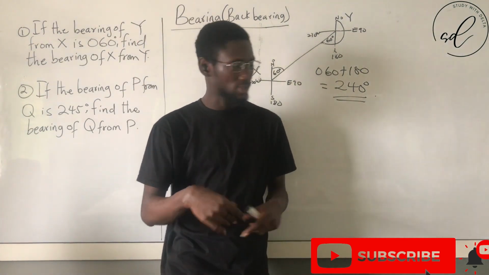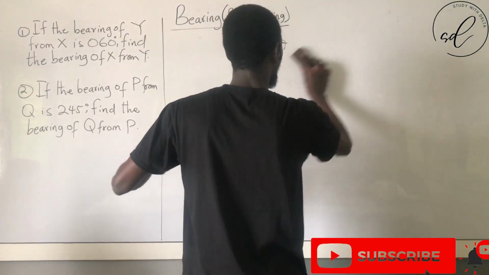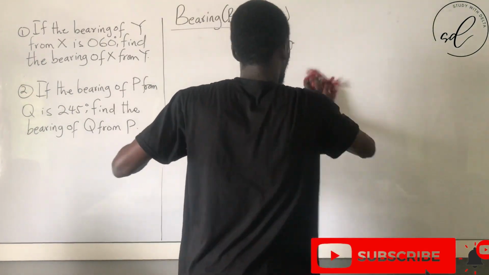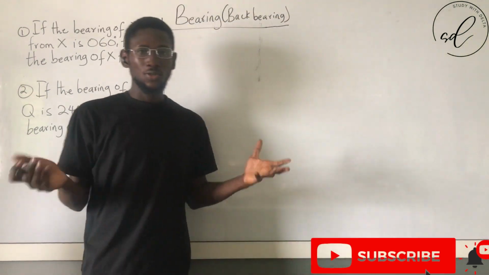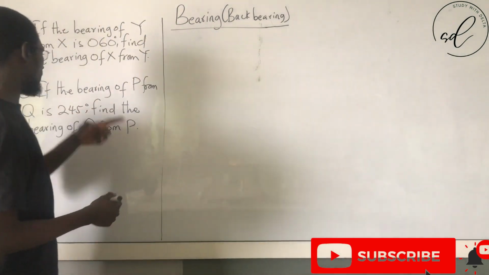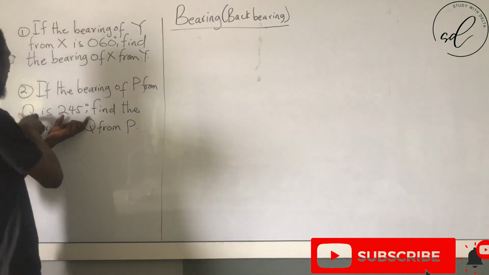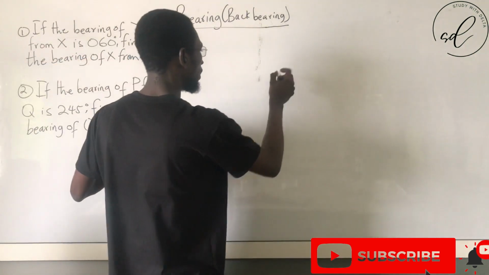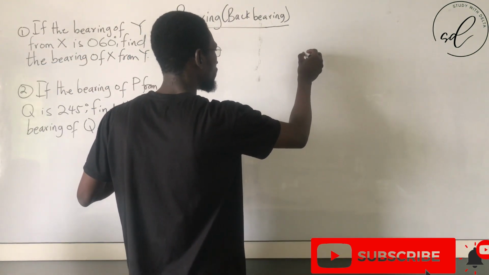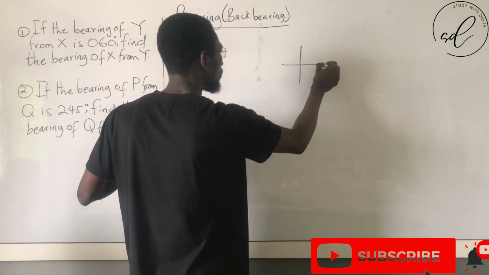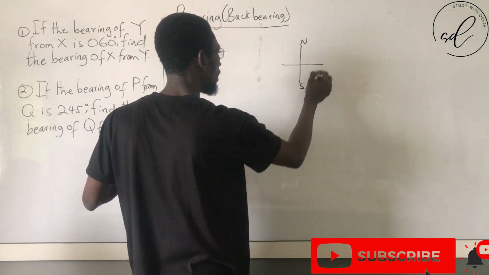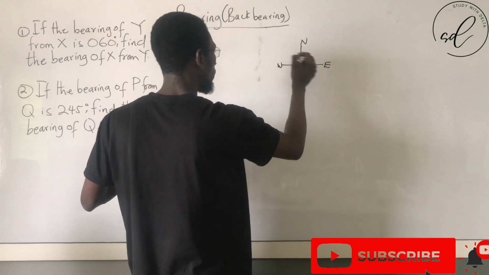Let's look at the last question. The second question: if the bearing of P from Q is 247, so Q is 247. North, south, east, west.